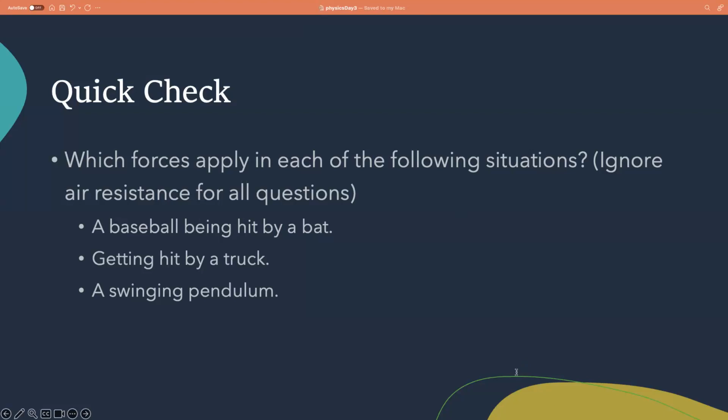And also, instead of going through each force for all of them, try to look at each situation one by one and list the forces for each situation.